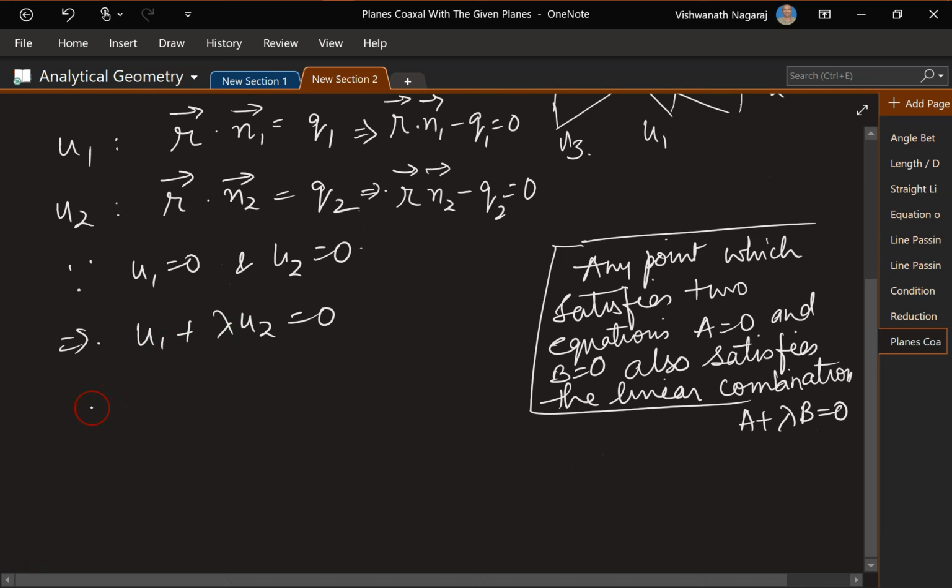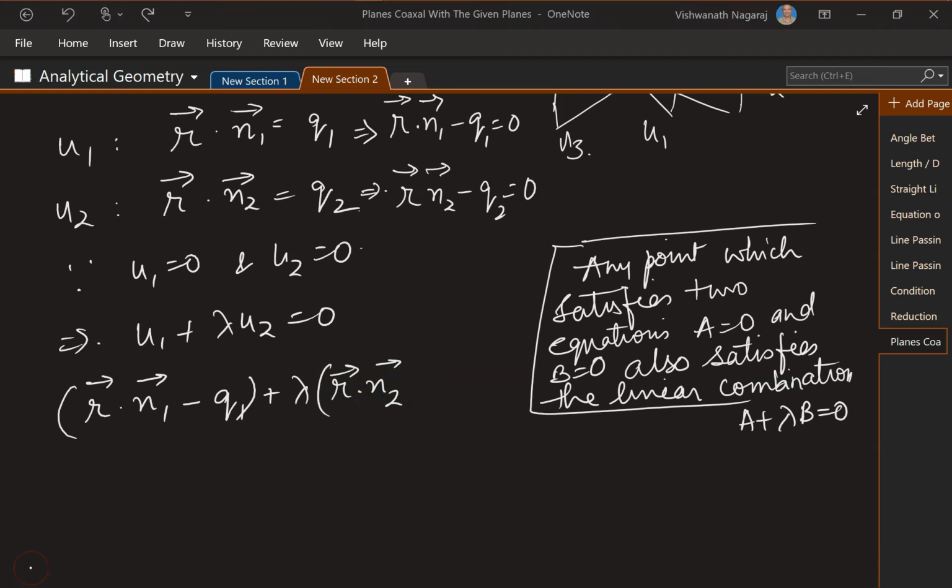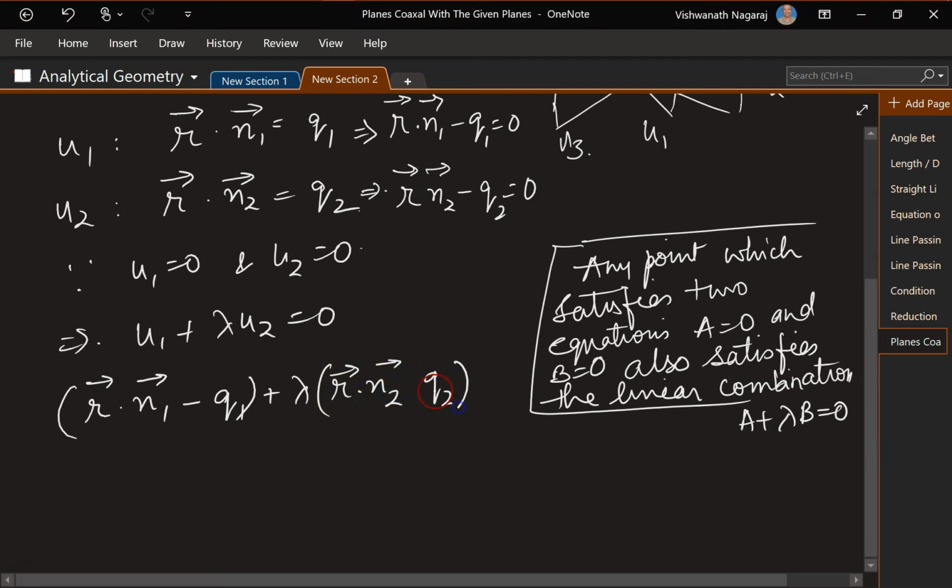So now let's do the substitutions. Vector r dot n1 vector minus q1 plus lambda times vector r dot n2 vector minus q2 equal to 0. So now let's open it up.